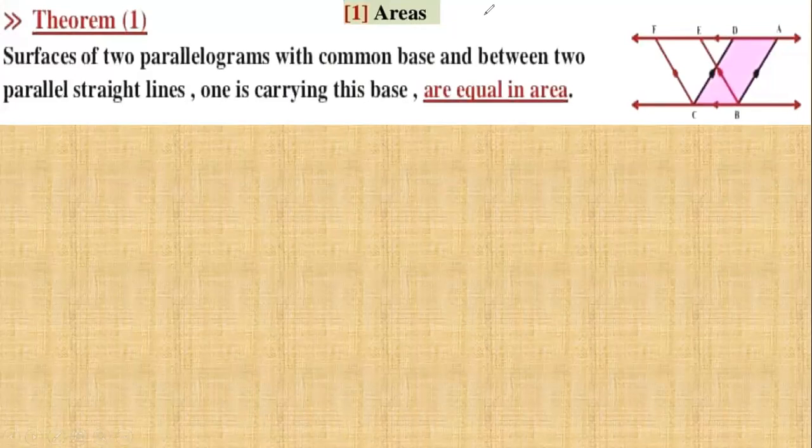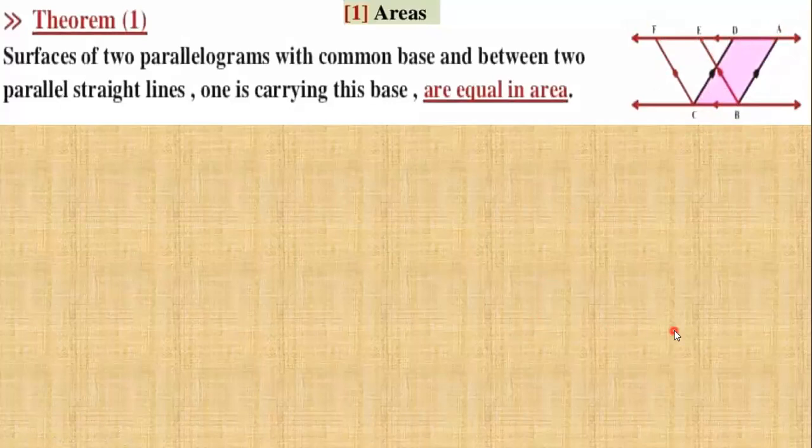As you see here in the figure, we have two parallel lines, and between them we have two parallelograms, ABCD in red color, and another one, ABCE. These two parallelograms are equal in area because they have a common base, BC, and they are included between two parallel straight lines.